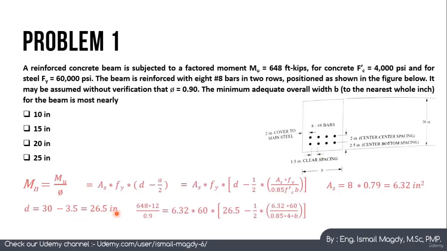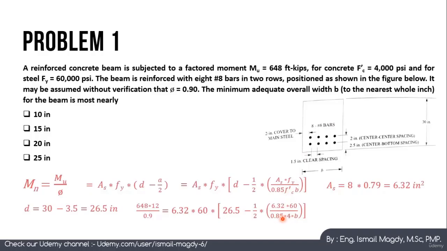Now we have all the values, so let's substitute in all of these values here. M ultimate equals 648 multiplied by 12, because this is feet and we will use inch in our equation, over 0.9, which is phi, equals 6.32, which is the area steel, multiplied by 60, which is the fy, multiplied by 26.5, which is d, minus half, multiplied by 6.32, which is area steel, multiplied by 60, which is fy, over 0.85 multiplied by 4, which is f'c, multiplied by b.